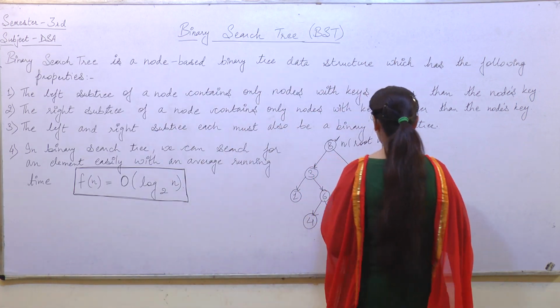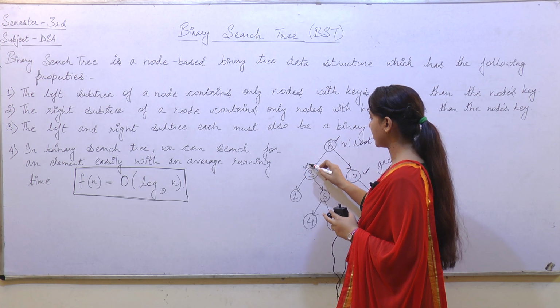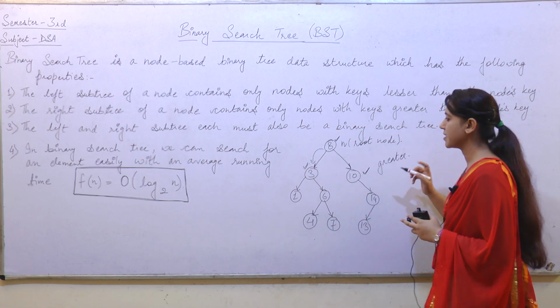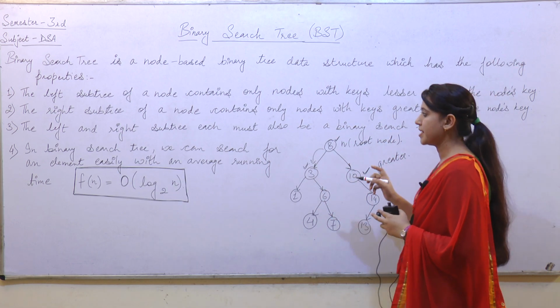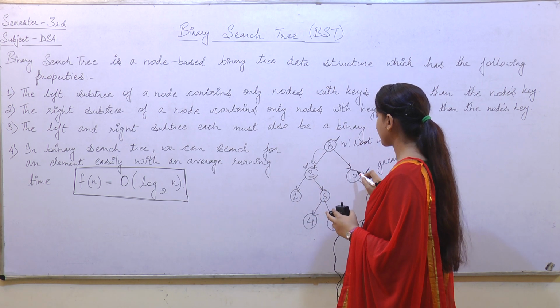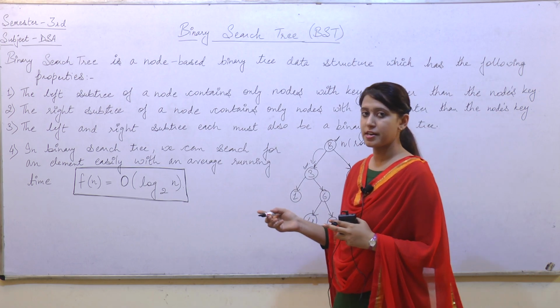Now till now we have studied two properties, that the left subtree must be smaller than the root node and the right subtree must be greater than the root node. But the condition then arises that the left subtree and right subtree also contain further children.